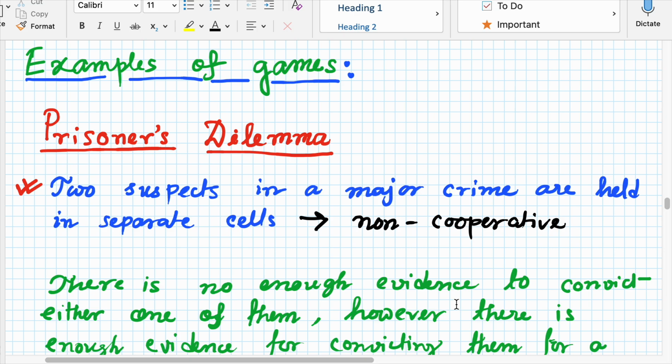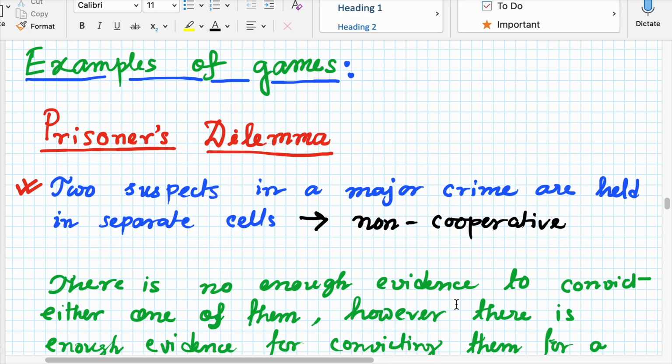As the name suggests, this dilemma captures the situation faced by two prisoners who are taken into custody, but the police doesn't have that much information to get them convicted for a major crime before the court.